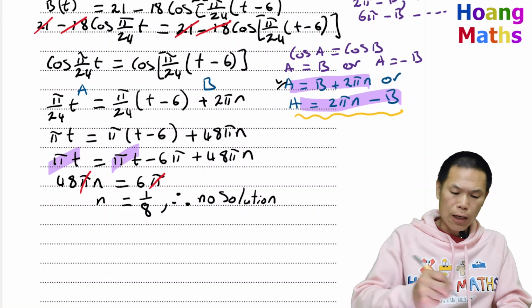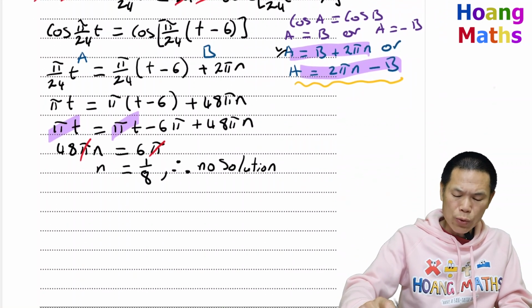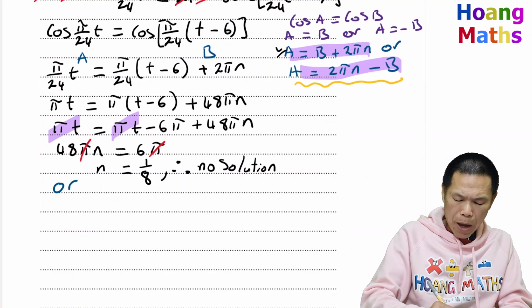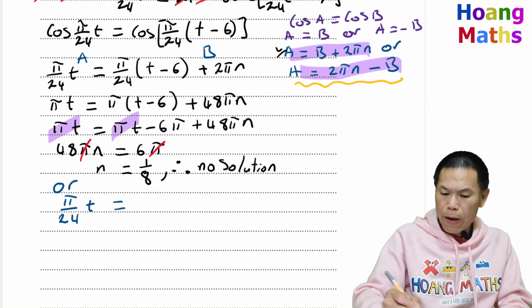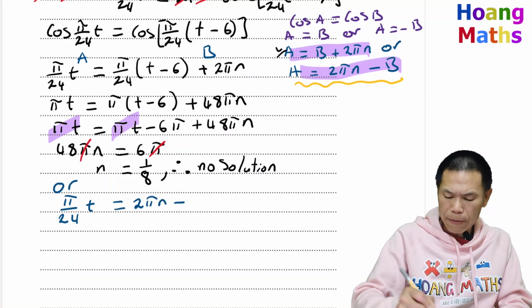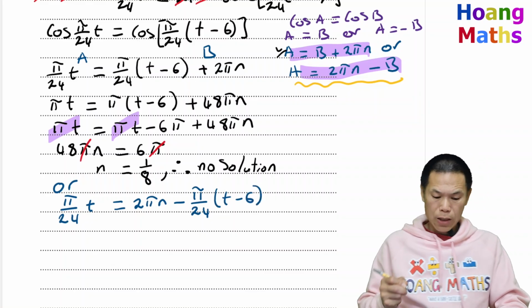A is pi over 24t, so pi over 24t is 2 pi n minus B. B is pi over 24 times (t minus 6). So there you go.